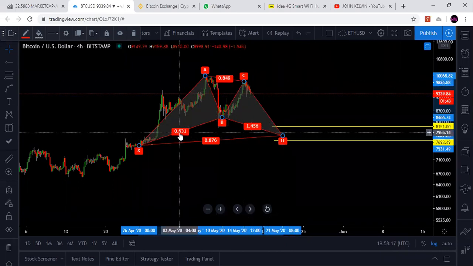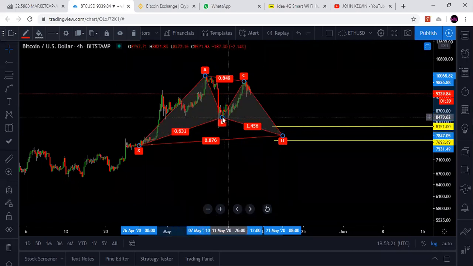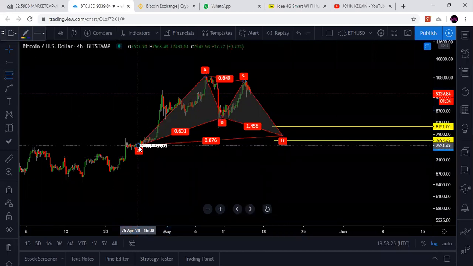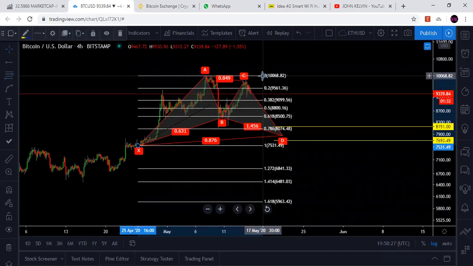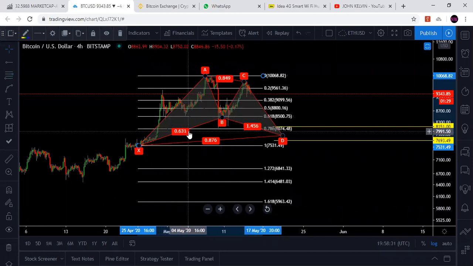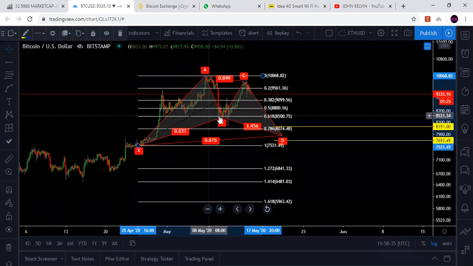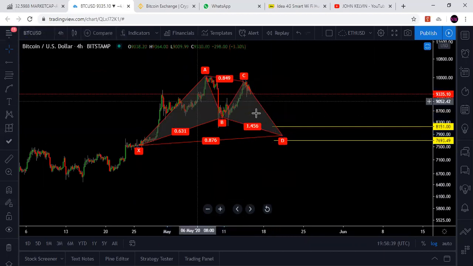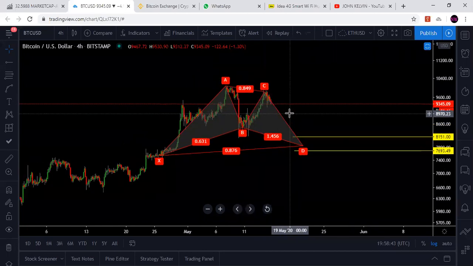This is 0.631, which is between the 0 point from here to the top. You see it from here. You can see it's 0.631, which is here. And again, that's why I said if you don't use your fib, you would not get this right.